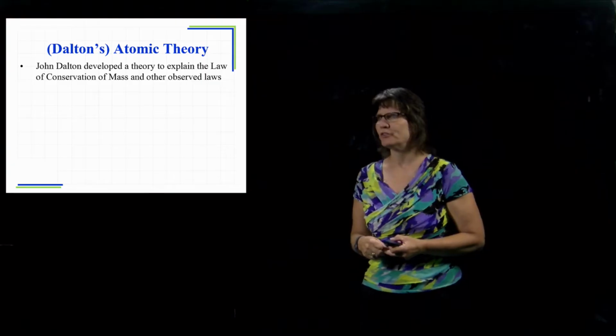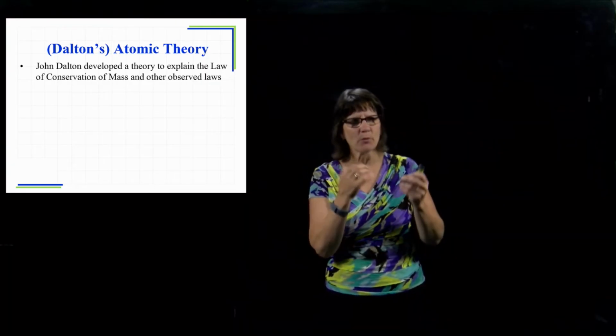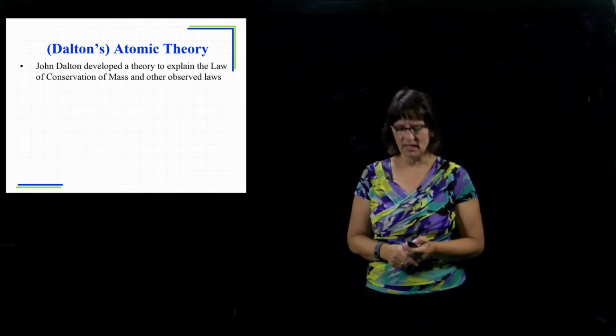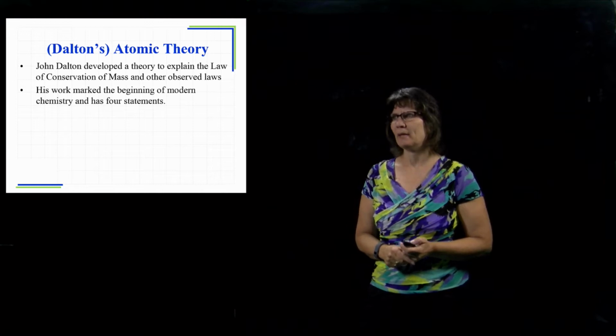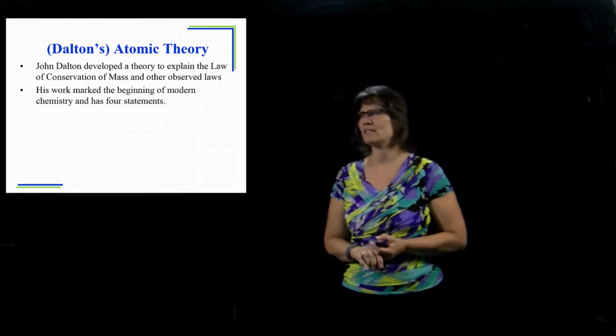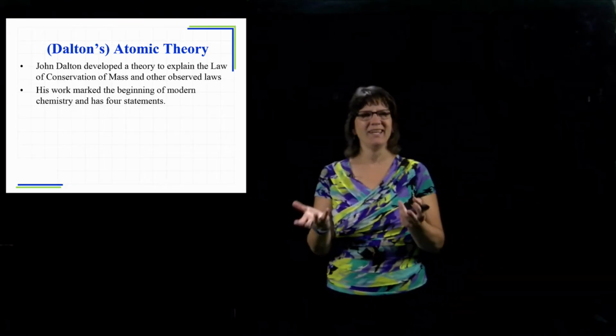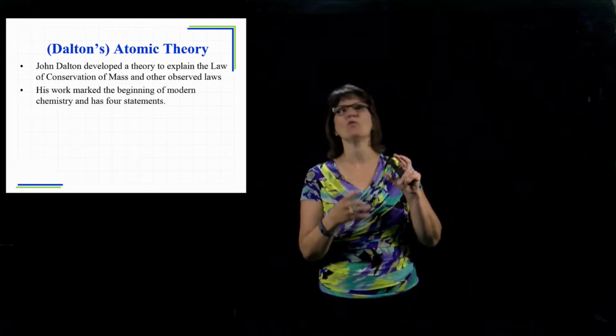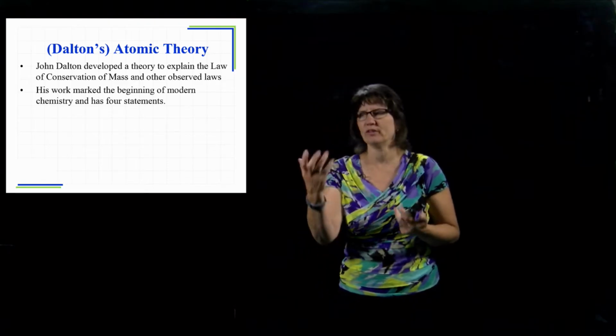So this was John Dalton, and he was coming up with what's happening that might explain the observation that we see here. When he came up with his statements, Dalton's atomic theory statements, this really marked the beginning of modern chemistry and gave us so much of what we hold on to as true today.